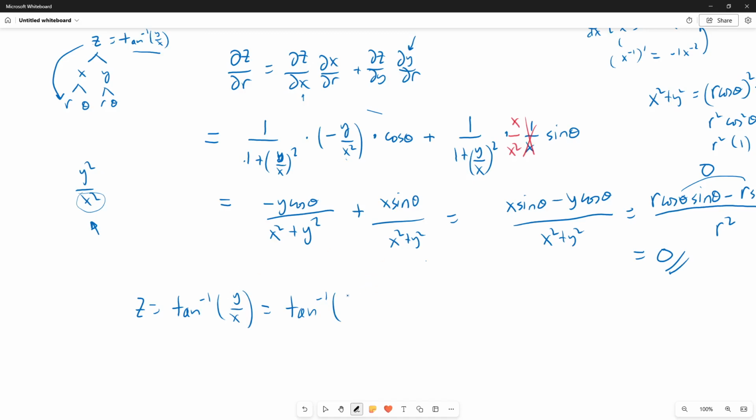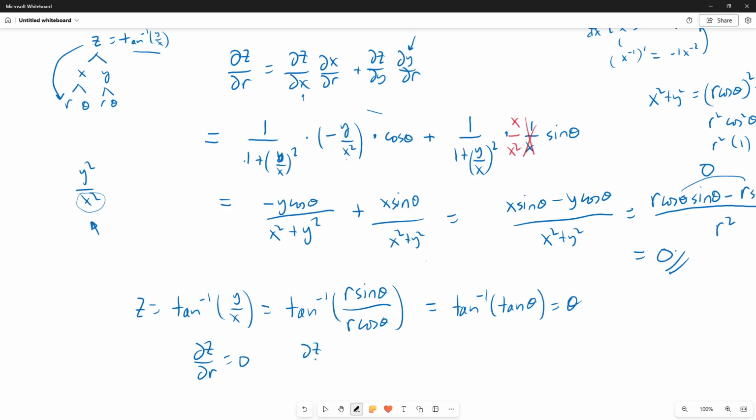Y is r sine theta, and x is r cosine theta. The r's cancel, and sine over cosine is tangent, so we get the inverse tangent of the tangent of theta, which is theta. And so z is just theta, and so the derivative of z with respect to r will be 0, and that's what we got.